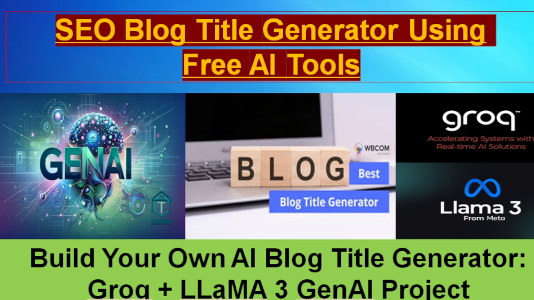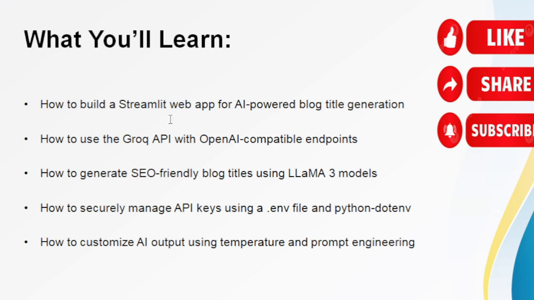So for this project, we will build a Streamlit UI. We will use this Streamlit web UI to build our application, and then we will use the Groq API, compatible with OpenAI, to communicate with the Gen AI model.